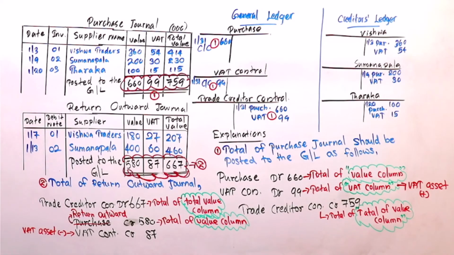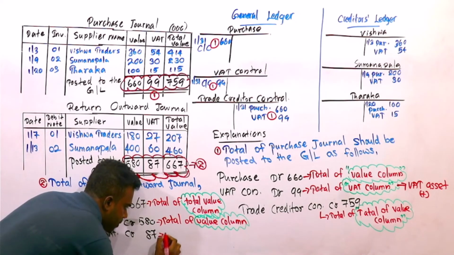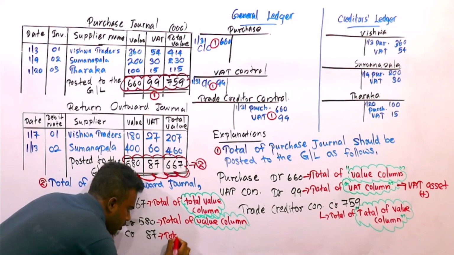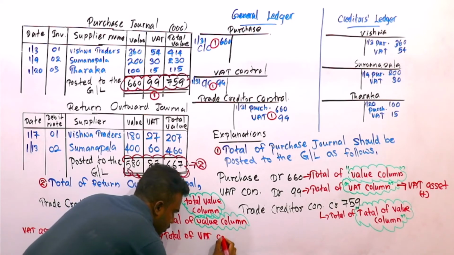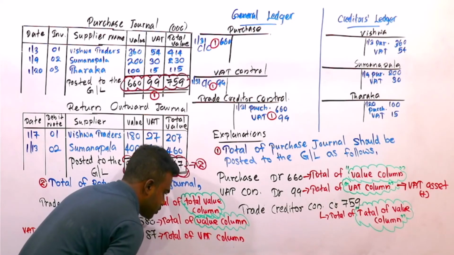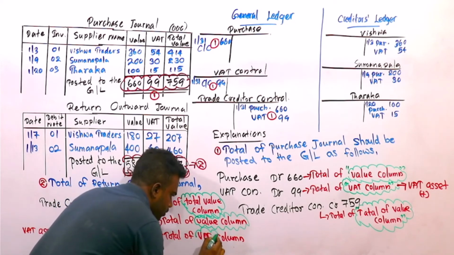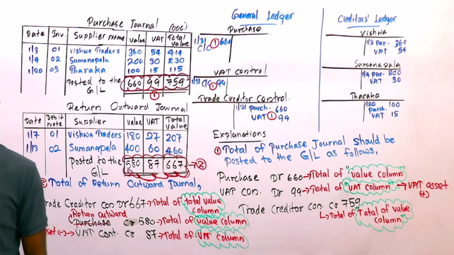Total of value column. 87 means total of VAT column, right? Total of VAT column. Totals of VAT column. Write down.